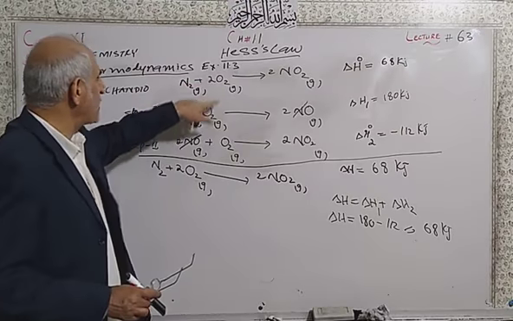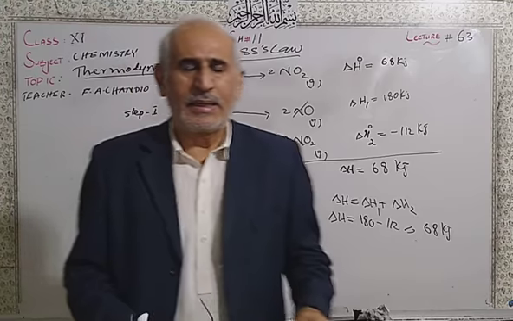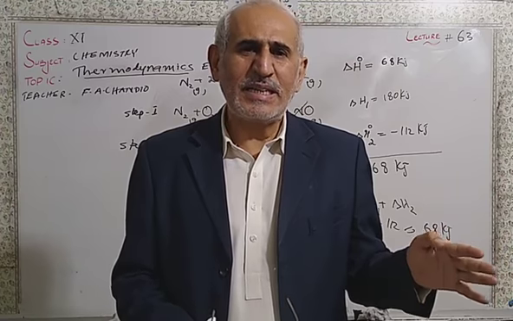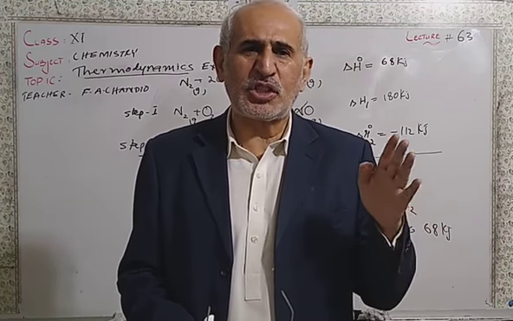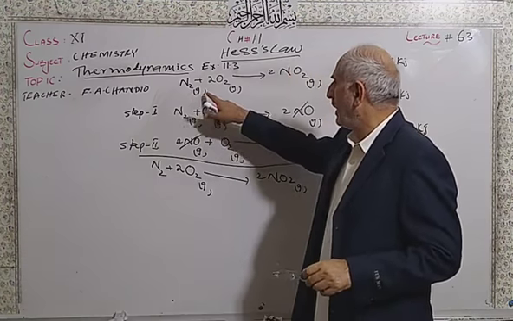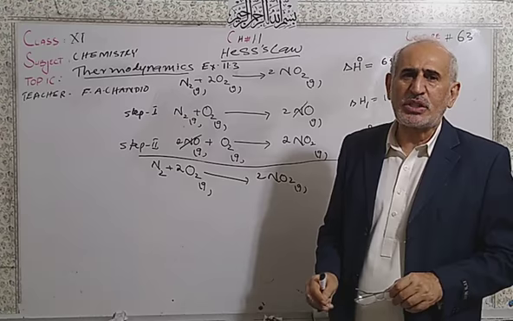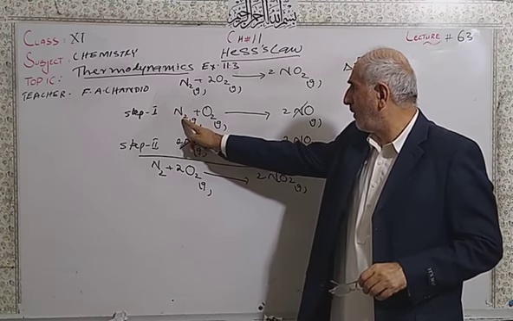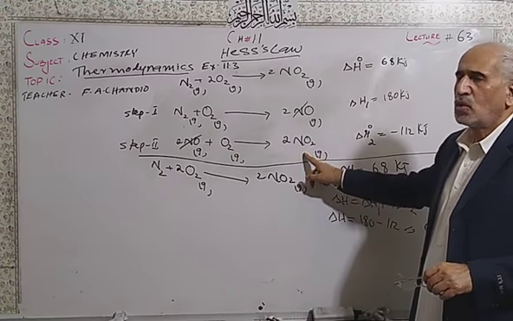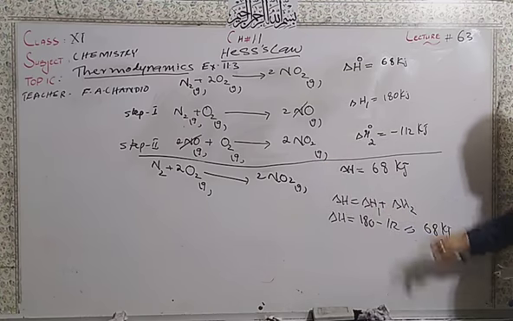This is the initial state and final state. The state function means the chemical or physical change only depends upon initial to final, not intermediate. Initial, 1 mole of nitrogen gas, 2 moles of oxygen gas to form 2 moles of nitrogen dioxide. The amount of energy absorbed is 68 kilojoules.